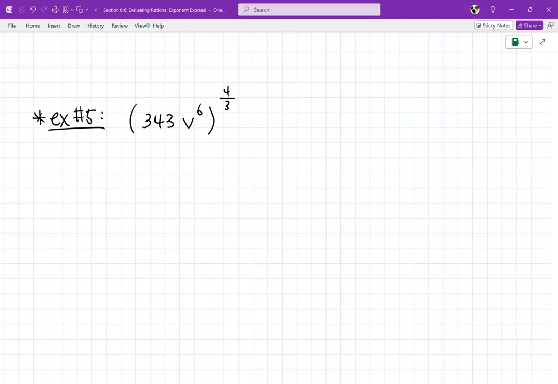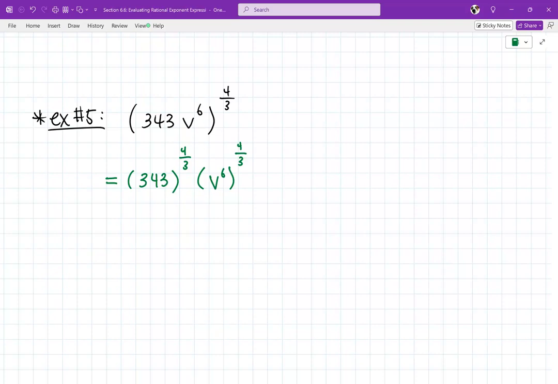I'm going to bring them in. I'm going to distribute it, right? So in other words, what the property number 2 states is I can do this. 343 to the 4/3 power, v to the 6th to the 4/3 power. That's what property number 2 allows me to do.